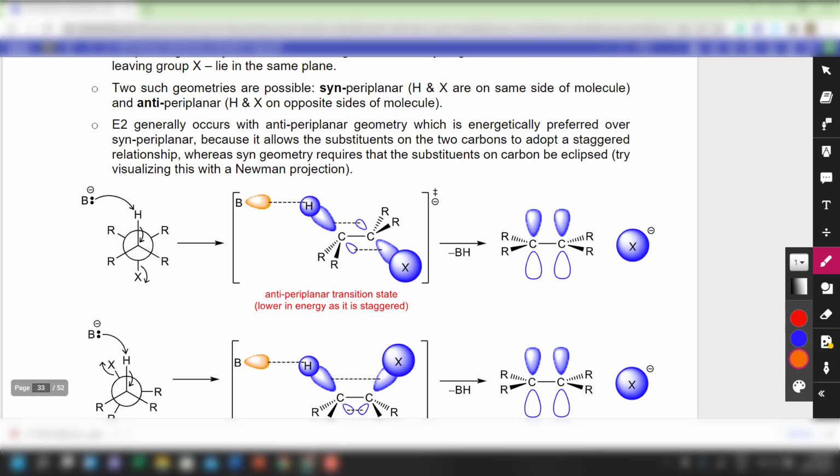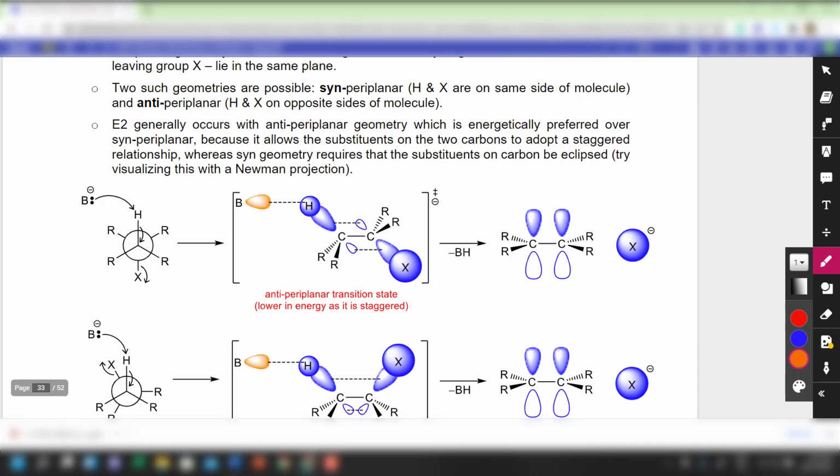When it's donated to the sigma star of the C-X, in the process it leads to the formation of the pi bond. The only way it can donate to the sigma star of the C-X is for them to be periplanar. They must be in the same plane. Imagine if they are in different planes, then the donation will not be effective. They will not be facing each other. So that is the explanation why periplanar is important.